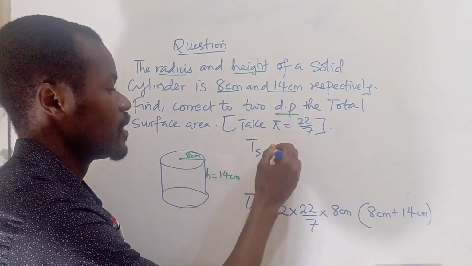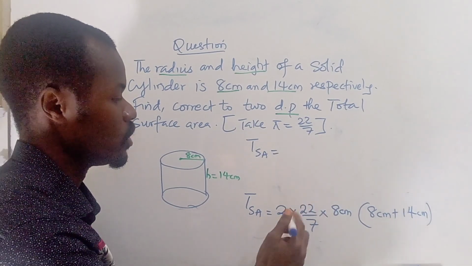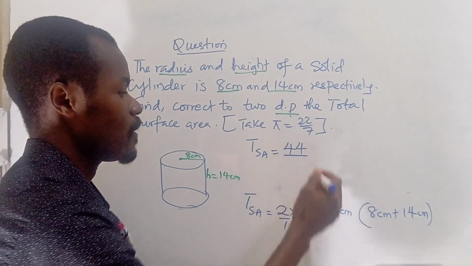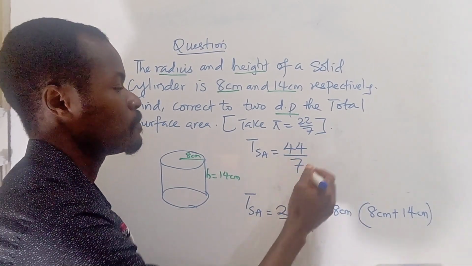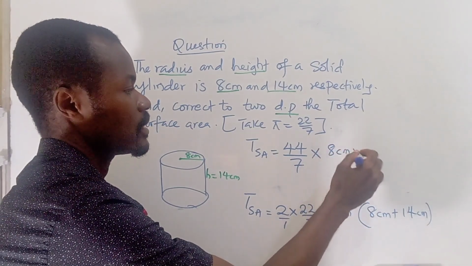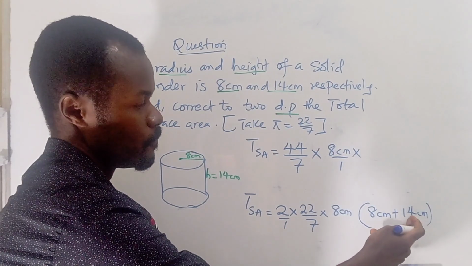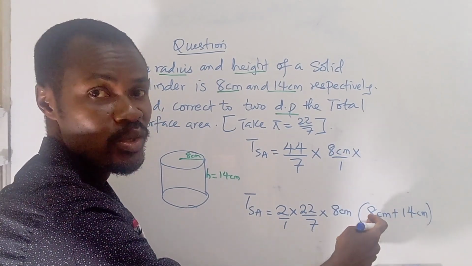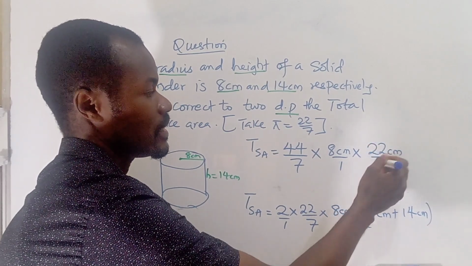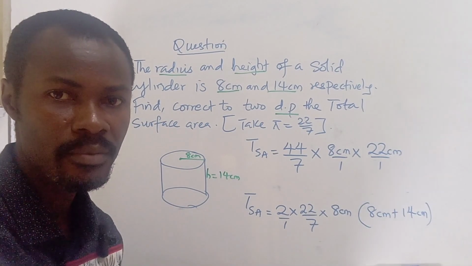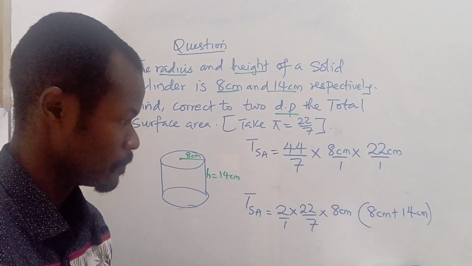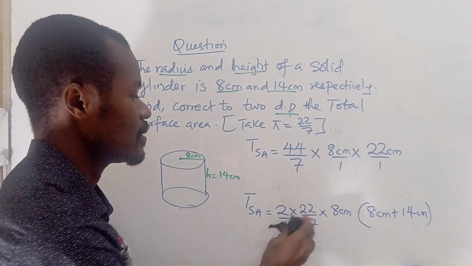So the total surface area: 2 times 22 is going to give us 44 over 7 times 8 centimeter times, now 14 plus 8 is simply 22 centimeter. From that, we can now proceed further.